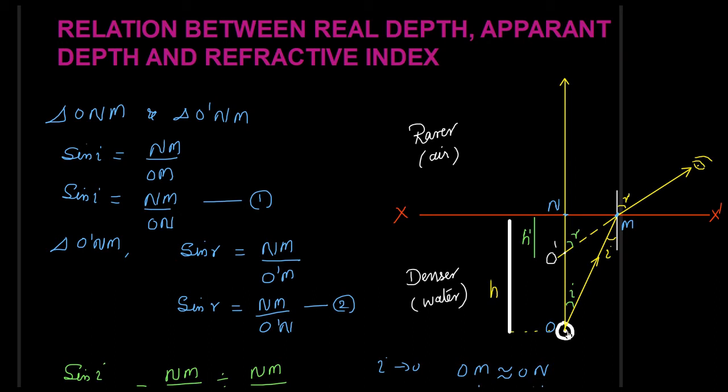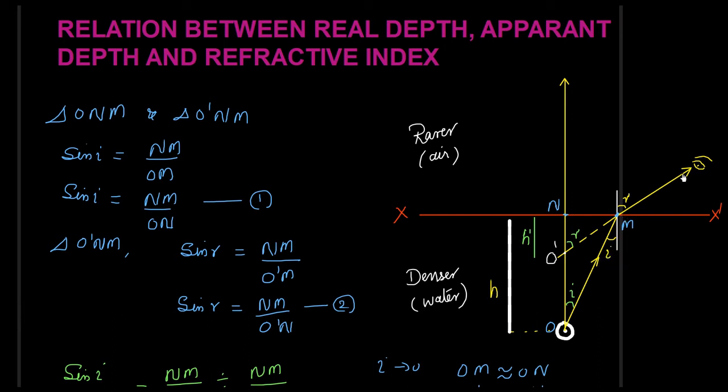Another ray which is falling obliquely, that is OM, is falling at the surface of separation by making an angle I with the normal at the point of incidence. I is the angle of incidence. The ray refracts away from the normal, and R is the angle of refraction. Angle R is larger than angle I.